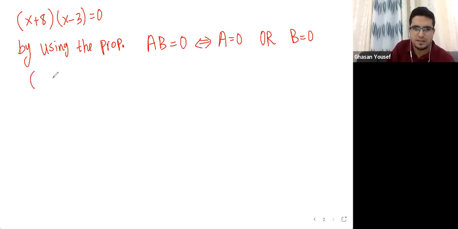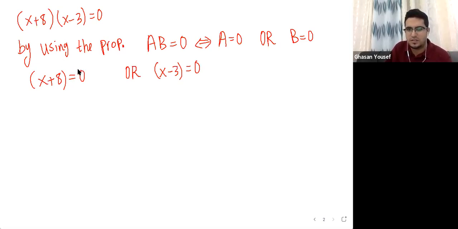So I get x plus 8 equals 0 or x minus 3 equals 0. Now I get a linear equation. This is a very easy equation, like we learned before. How can we get the value of x only?